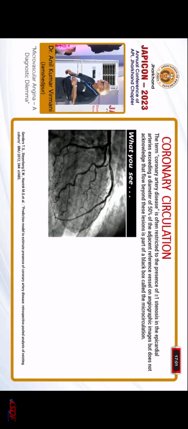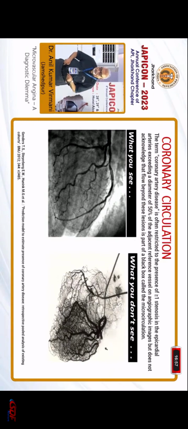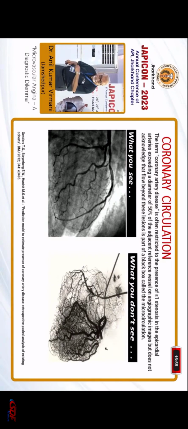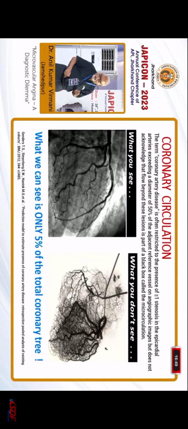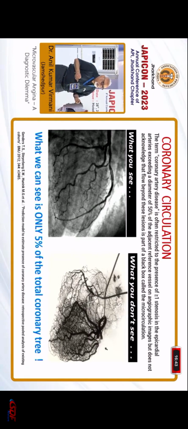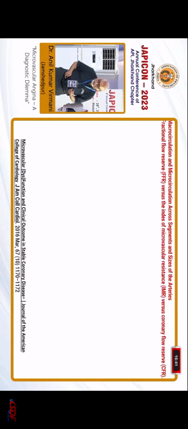This is what the cardiologist sees on angiography, and what he does not see is this. You can imagine the cardiologist sees only 5% of the coronary tree, and based on that we make a diagnosis of either a cardiac neurosis or normal heart.